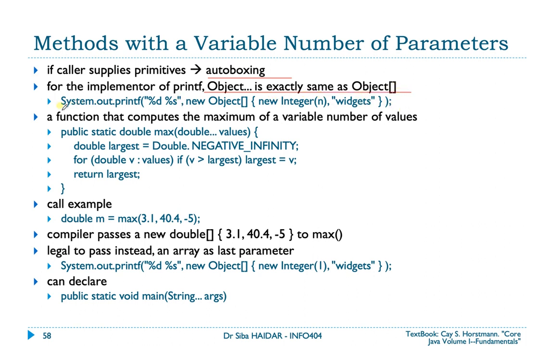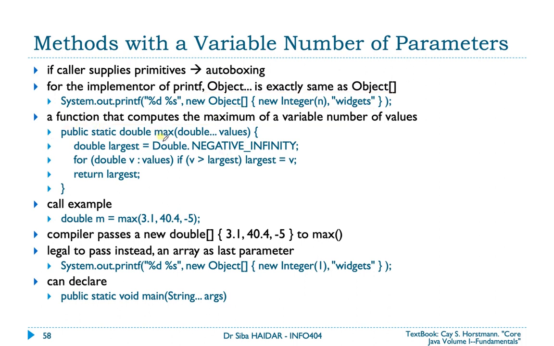So you can easily say, instead of giving the parameters one by one, you can put them inside a new array of objects and provide their values there. Because if you don't do this, the compiler will do it for you. So a function that computes, for example, the maximum of a variable number of values is the following.